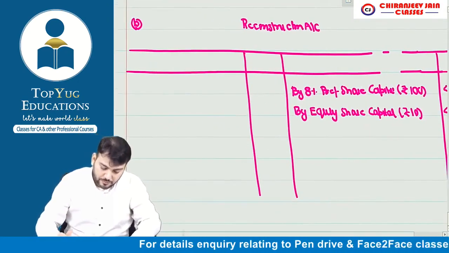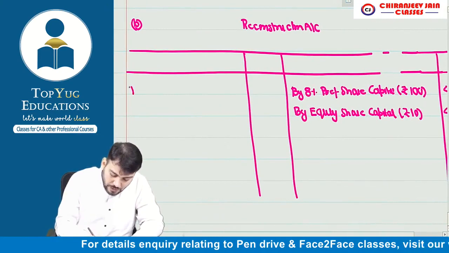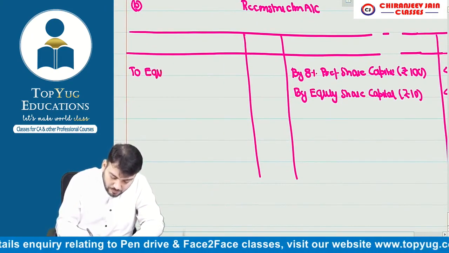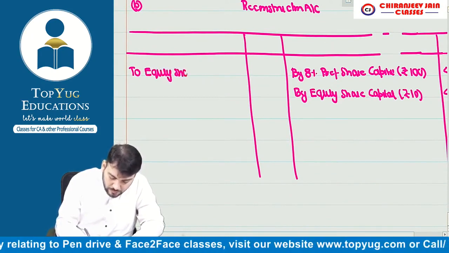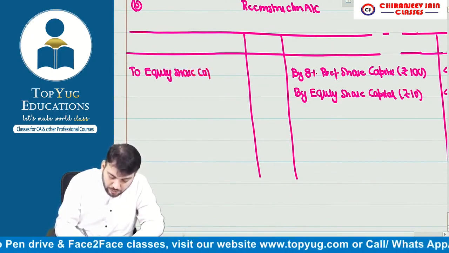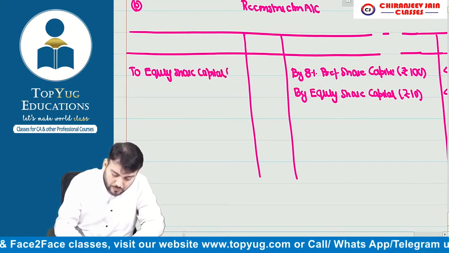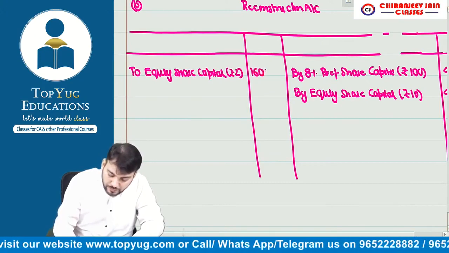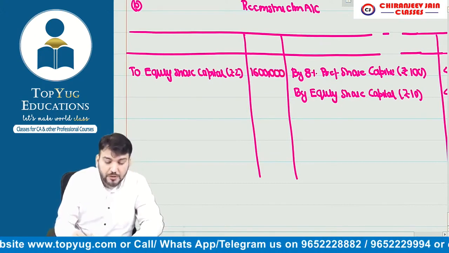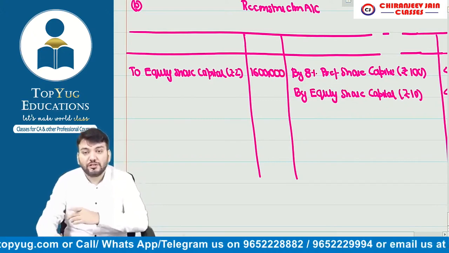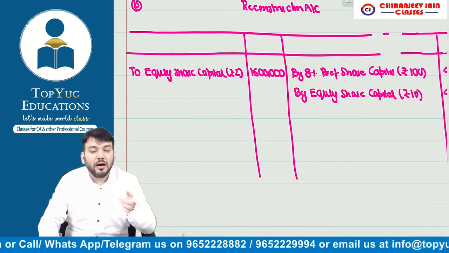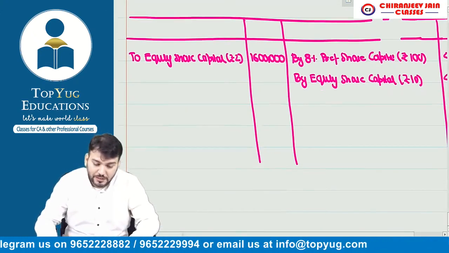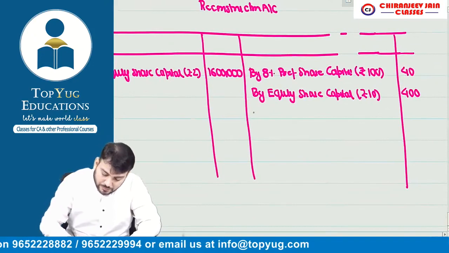Then write 2, equity share capital, 2, 16 lakh. This is for allotment of equity shares for settlement of arrear of preference dividend. Yes sir.